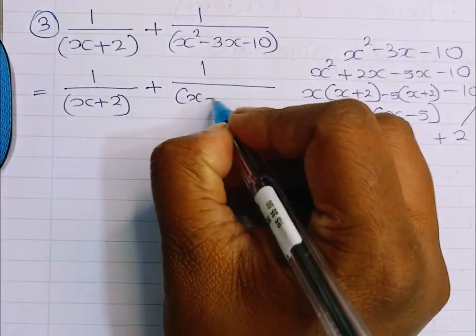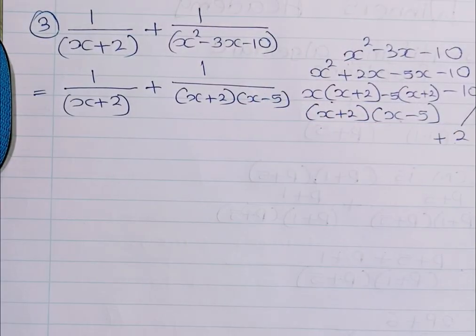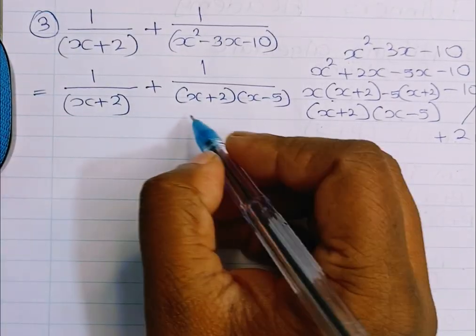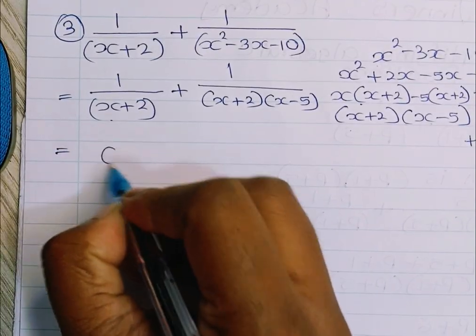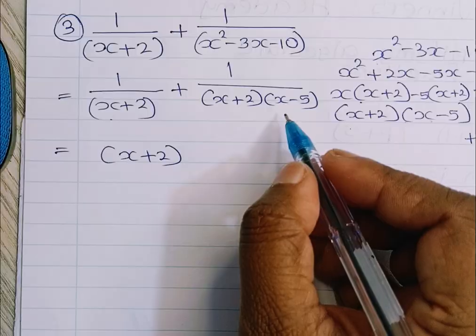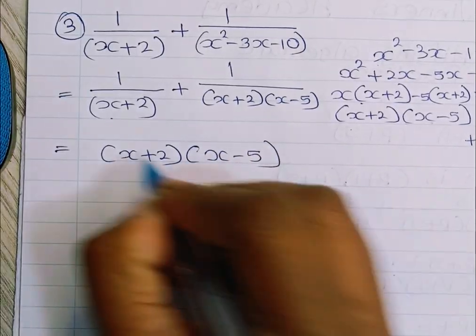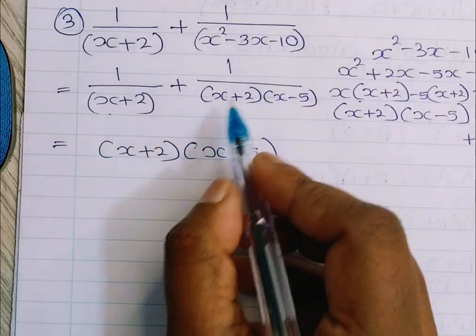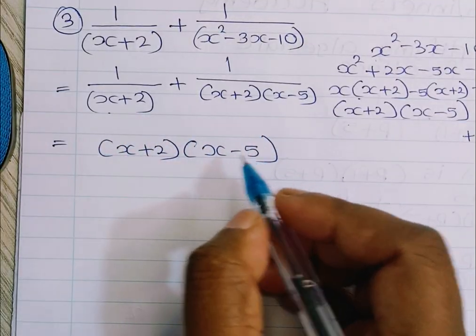Now I will teach you the easiest way. Out of these two expressions, x plus 2 is common now, so you can take x plus 2 outside. Then the remaining factor also we write down, x minus 5, right? So after getting the common factors of both denominators, we write the remaining factor the same way.